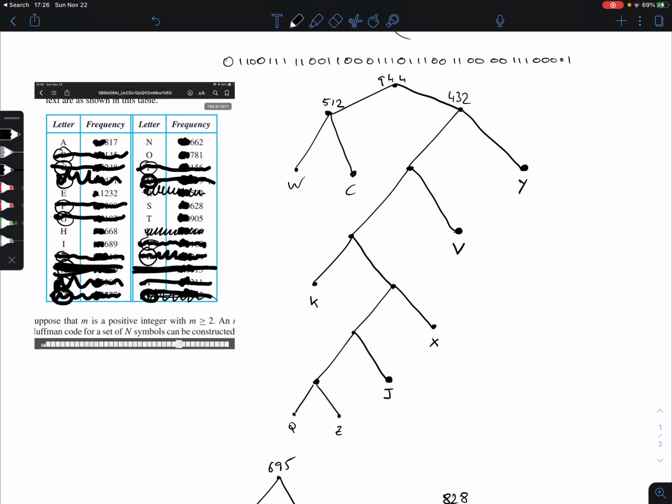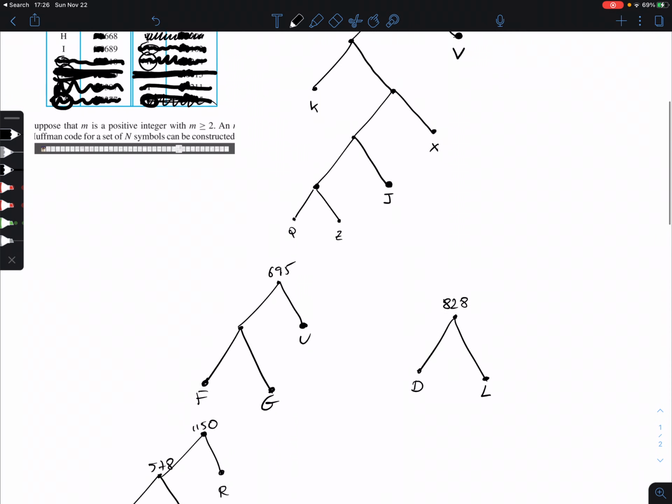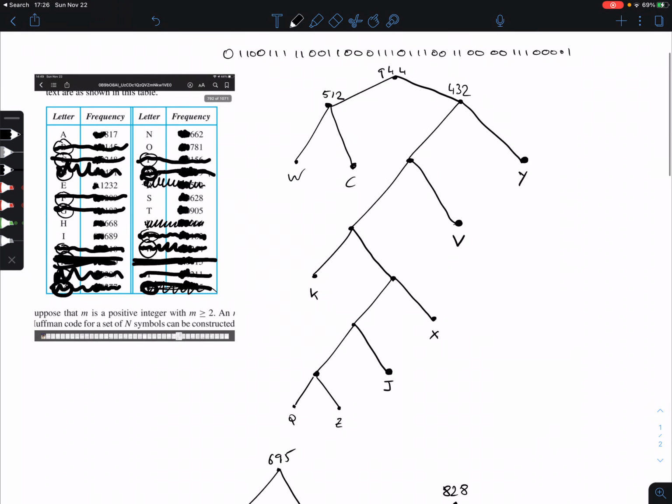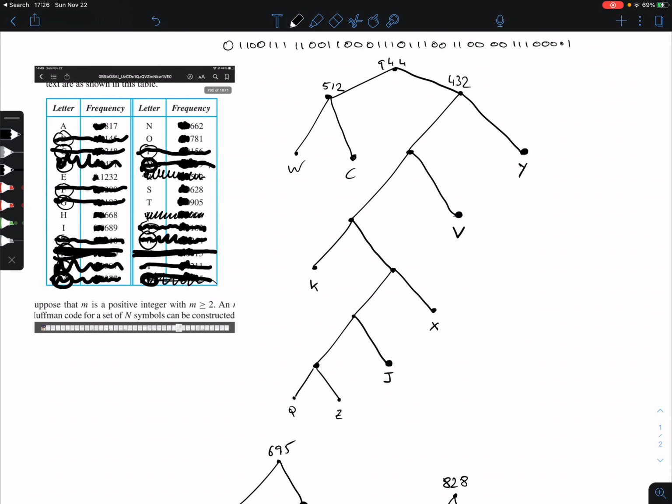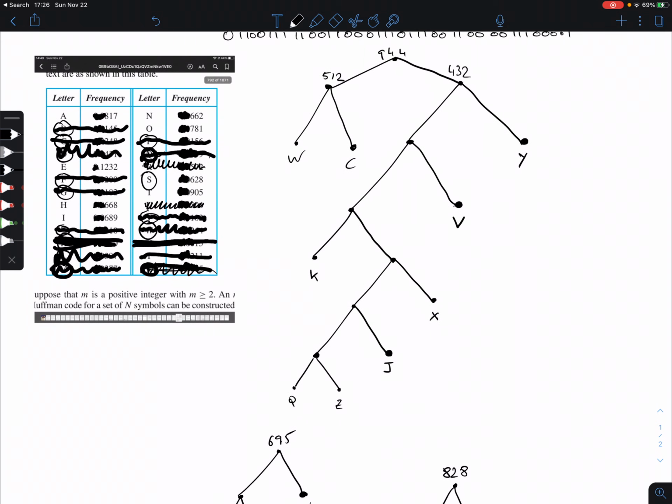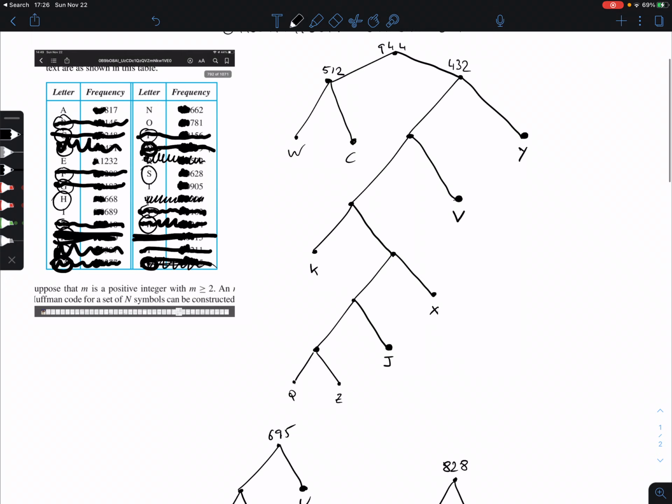So in the 600 range there is M, there is S, there is H, there is I. And do we have any trees? Yes, we also have this tree here, but that is rather high, 695. So let's look at the lower ones here. S seems to be, of all the 600 ones, slightly less frequent than H. So we're going to do these two, S and H. I'm going to put them here.